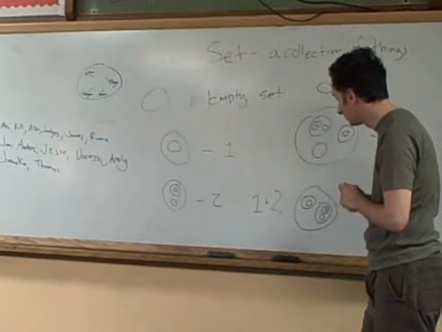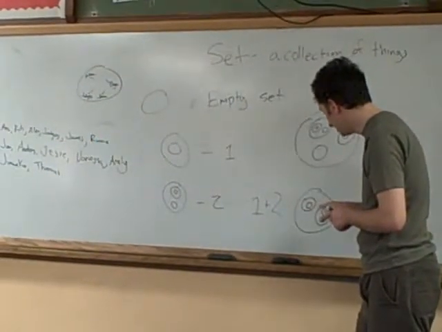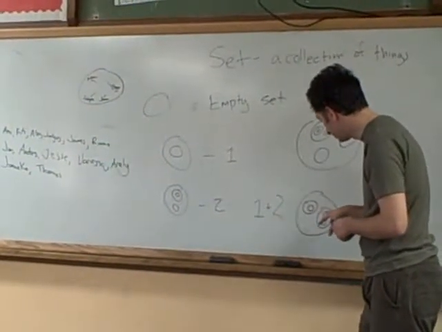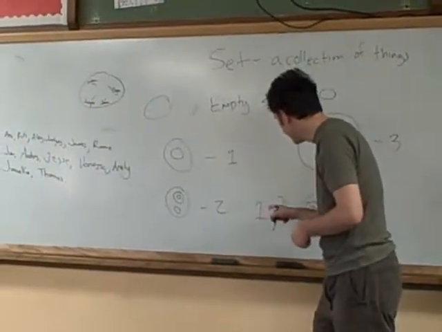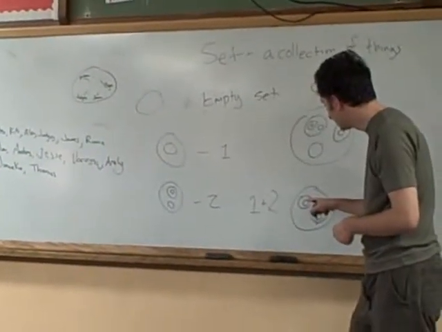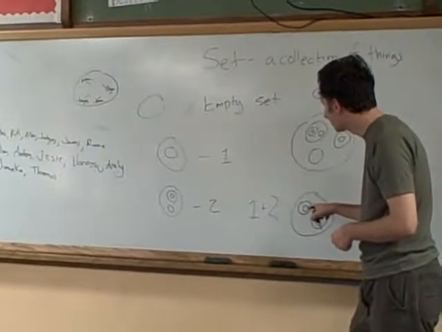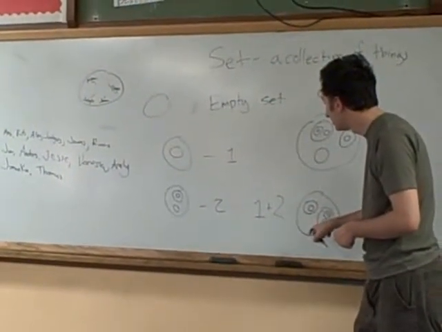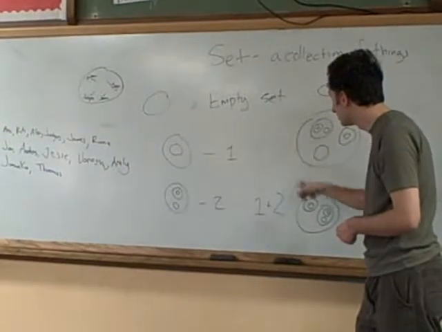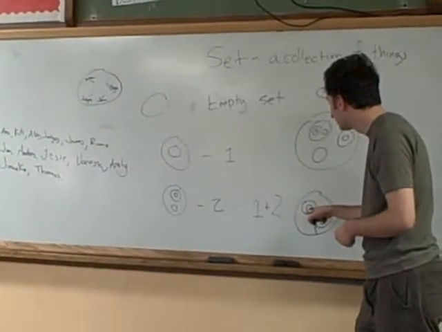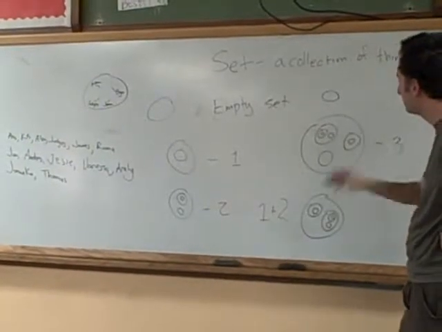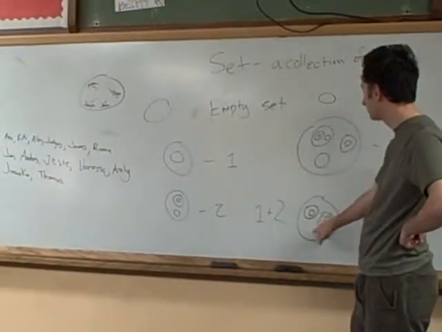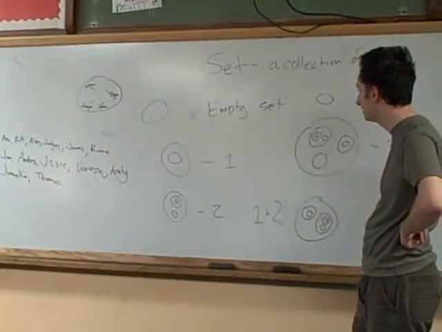Now, this, let's see here. And somehow, empty set. I'm forgetting something, because for some reason I've defined addition wrong. For some reason I'm also supposed to have the empty set in.